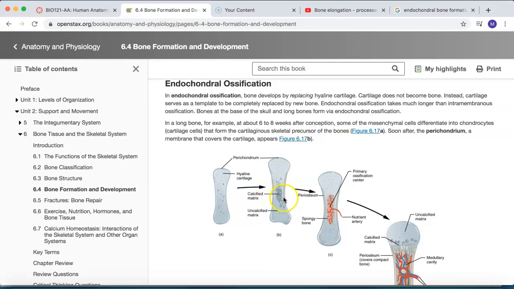And once that forms, it is really problematic getting things into and out of the center of this hyaline cartilage model by way of diffusion. It's essentially impossible. So further death of the chondrocytes occurs in here, and further calcification of that matrix occurs.